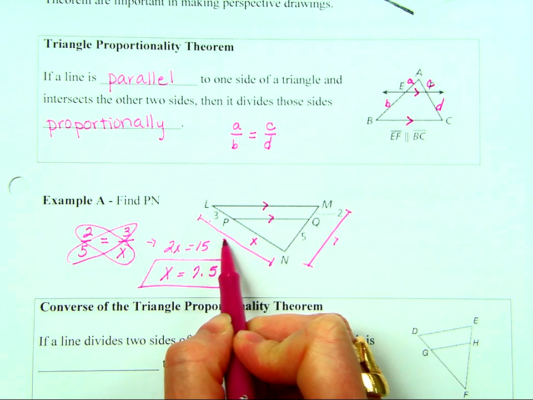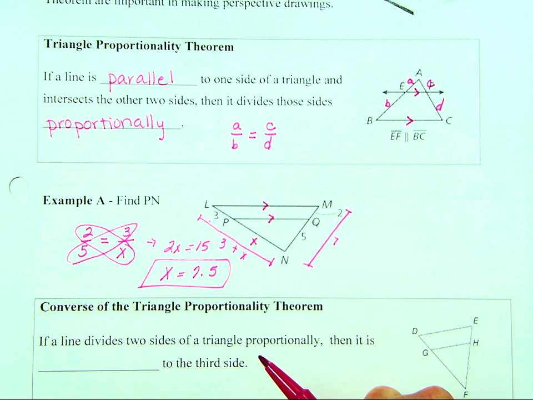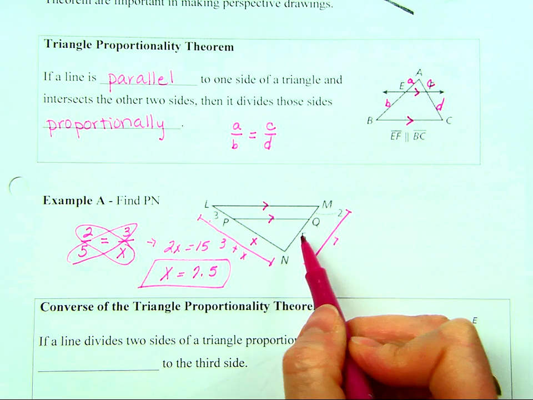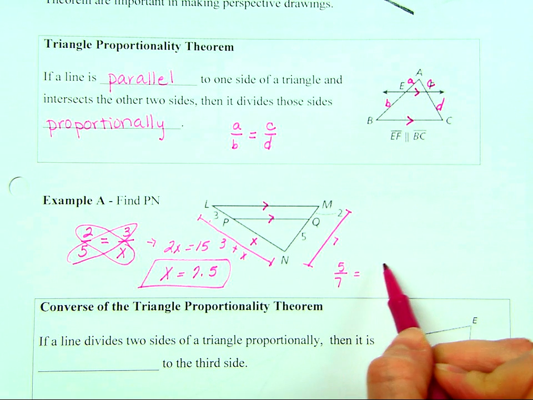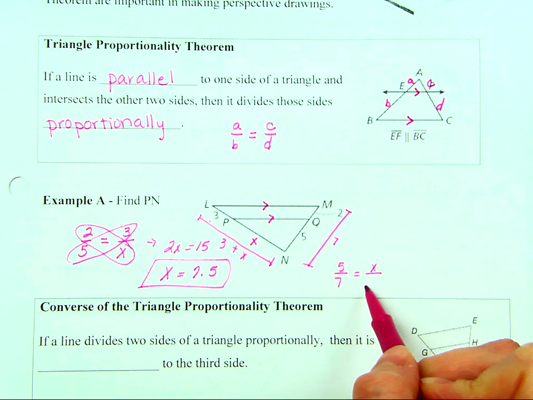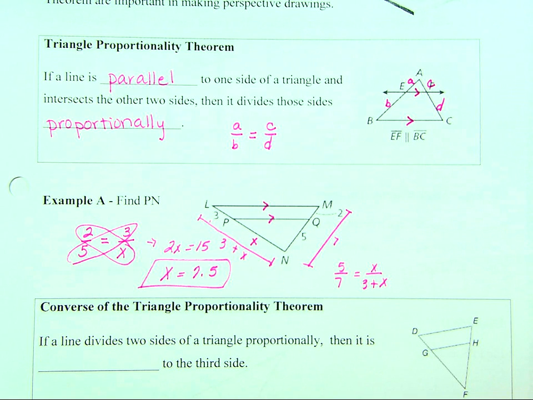This side would be 3 plus x. I could have also set that proportion up as 5 over 7 equal to x over 3 plus x. And we would have ended up with the same answer. That would use similar triangles.